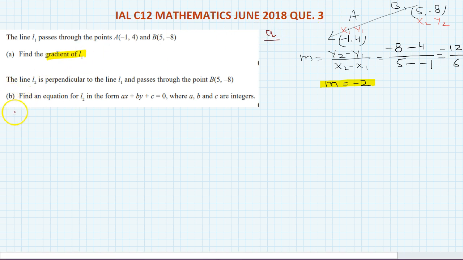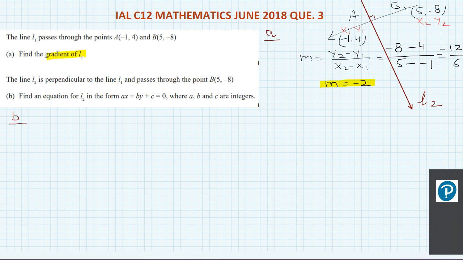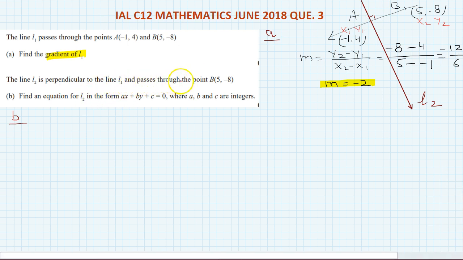Now part B. The line L2 is perpendicular to L1. So there is another line. This is L2 and this is perpendicular on L1. It passes through 5 and -8.